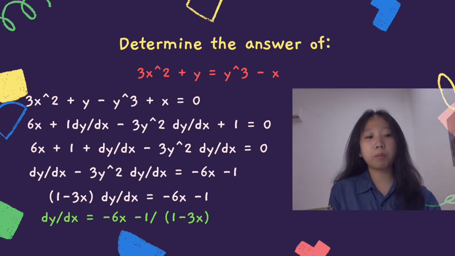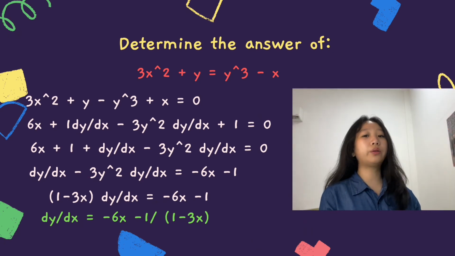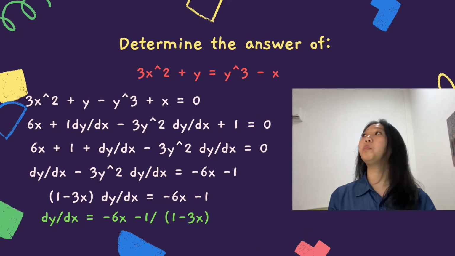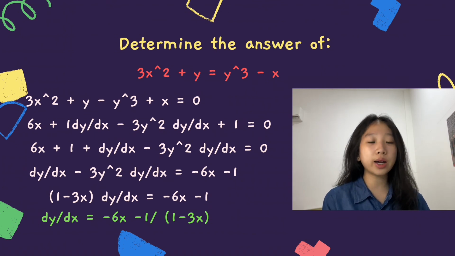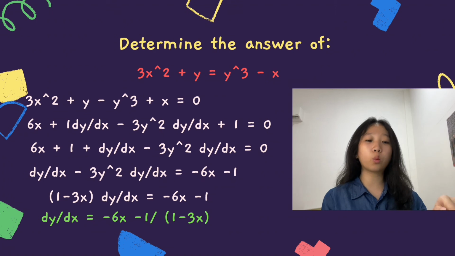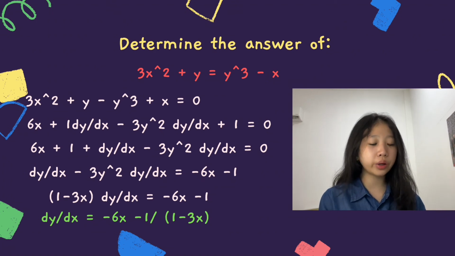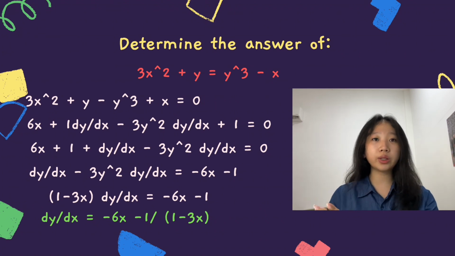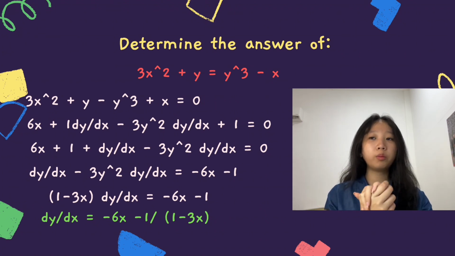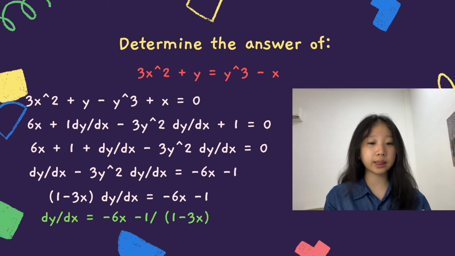times y times dy. For the fourth example, it is the implicit function, so for this equation we're going to make it into f(x) equals 0, which is 3x squared plus y minus y cubed plus x equals 0. We differentiate the x and y terms, but for y we multiply by dy per dx.